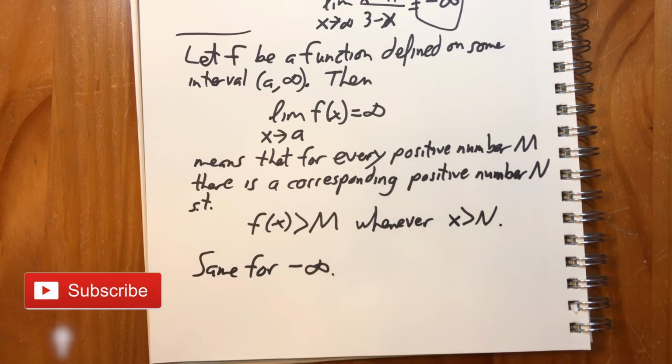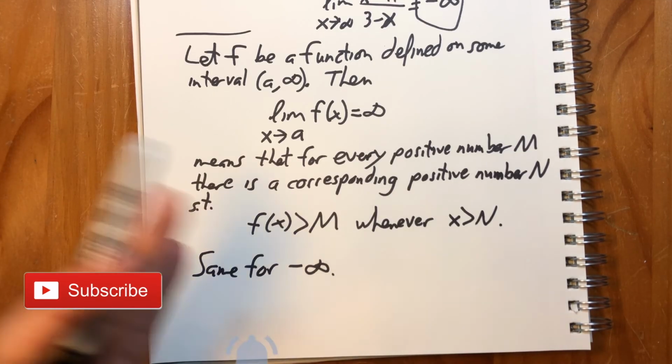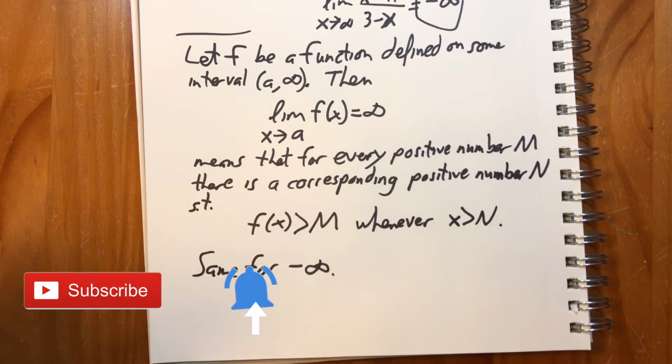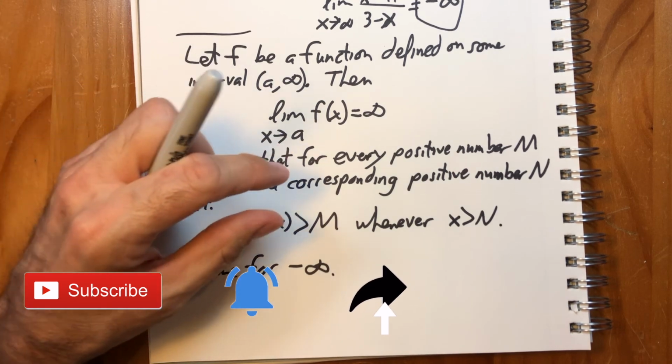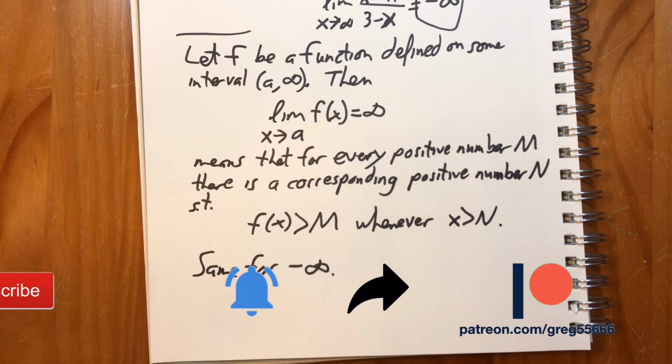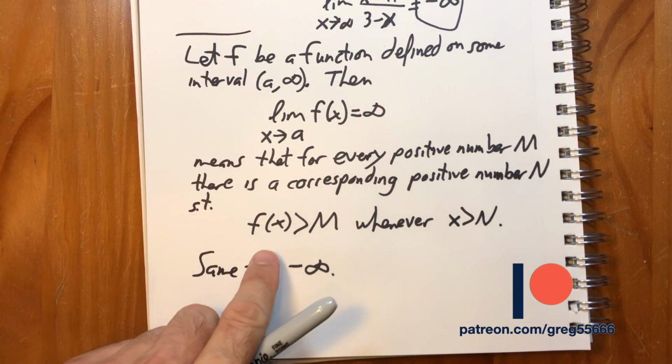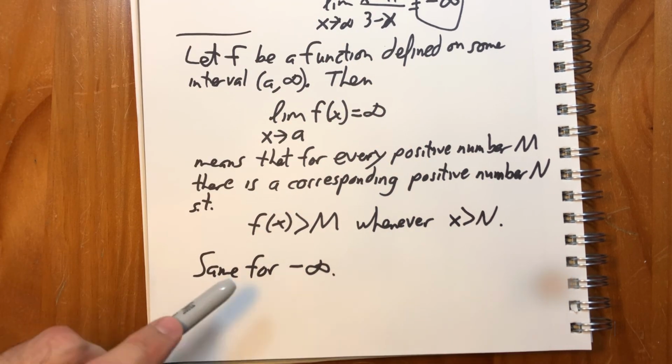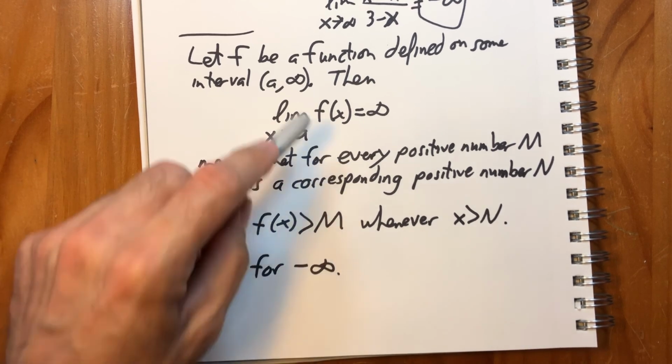So you can see how this corresponds to everything else we've been doing. Either the limit is approaching some specific point by getting closer and closer to a specific value, or it's going away by getting larger and larger. And the same definition is true with minus infinity.